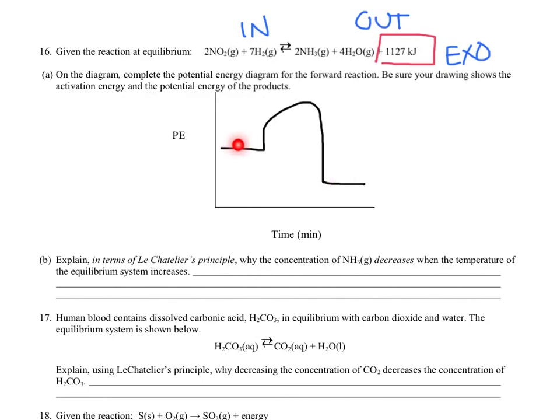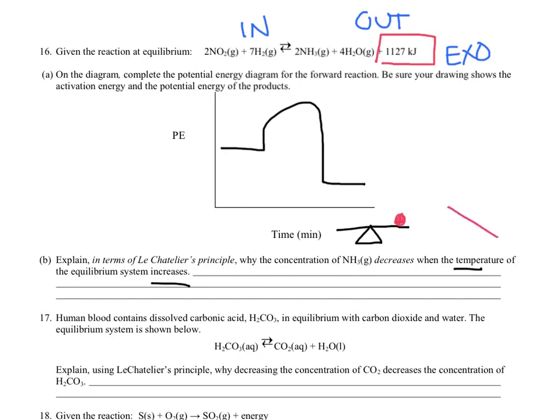Part B asks why the concentration of ammonia decreases as the temperature of the system increases. Well, let's look at what happens to equilibrium. When the temperature increases, our seesaw, which originally is even, is going to have some items added to it on this side.